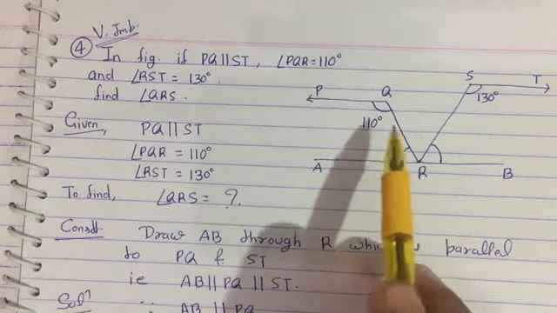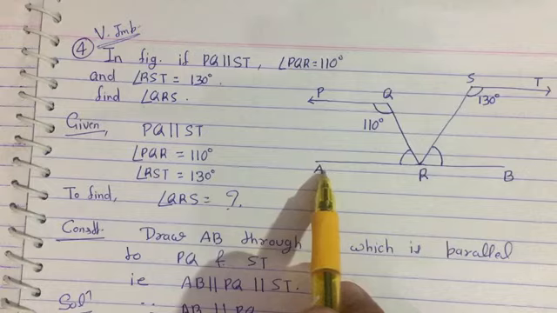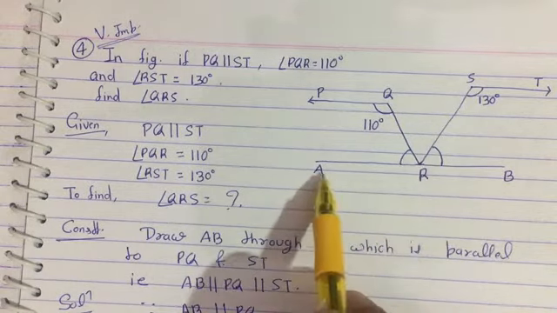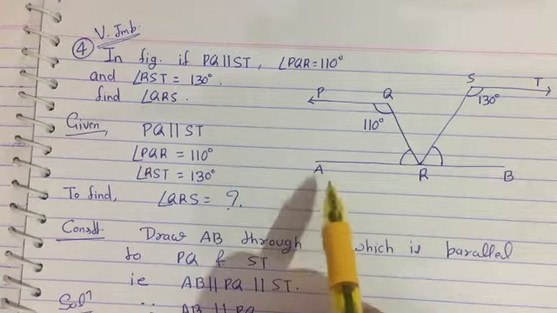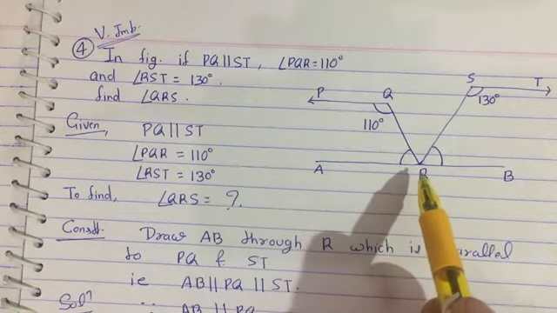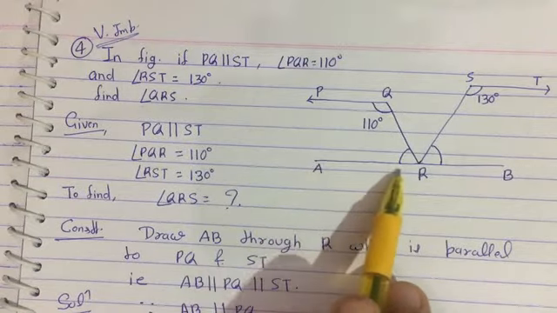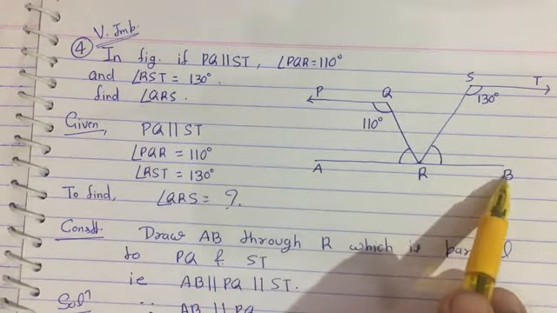Now look at the figure. Sorry, I have already done the construction. So before construction you see this figure in your book also. This line AB is not given in your question.